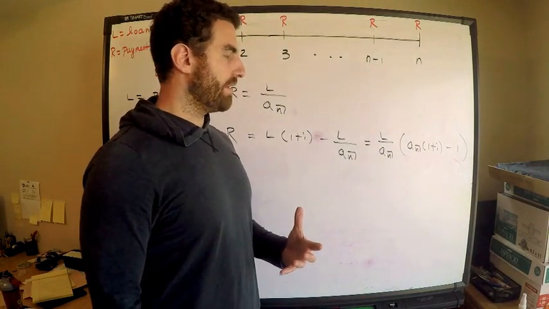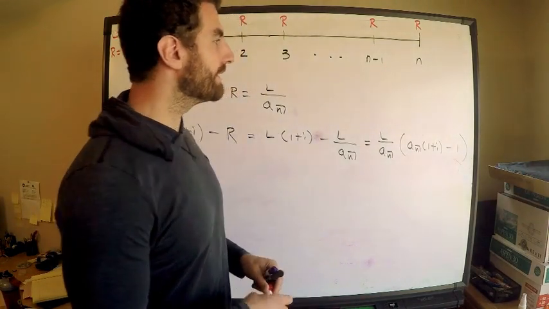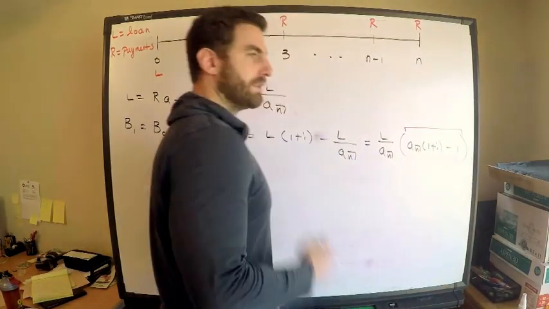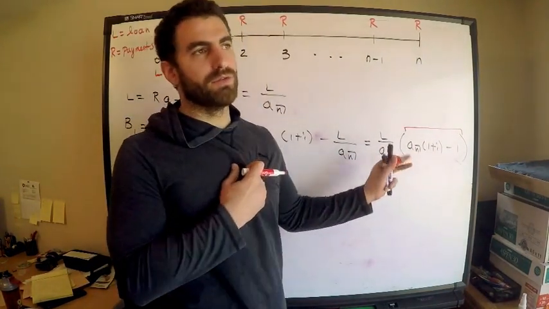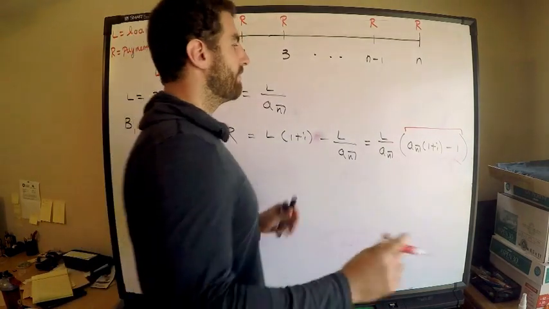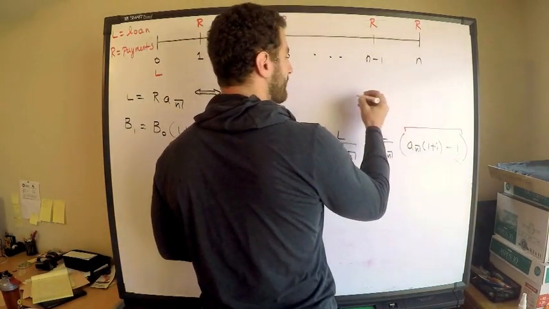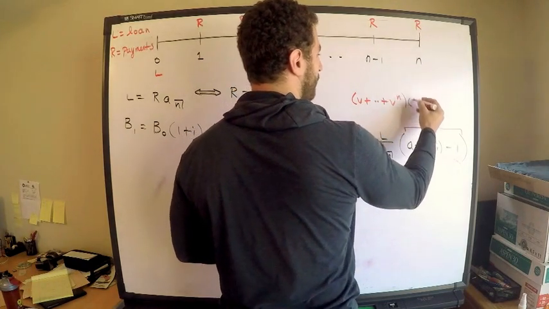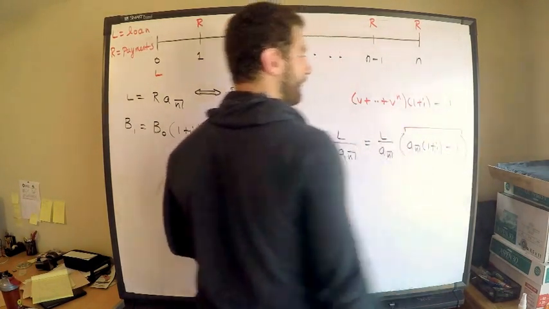So I don't really want to write this out. You can also use an annuity due, but whatever, what I can say here is that this is v plus ... v to the n times 1 plus i, minus 1.